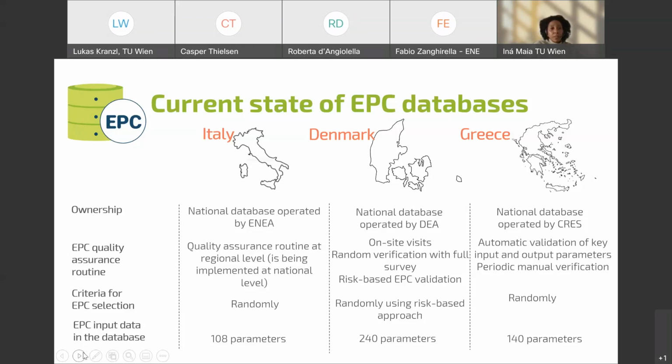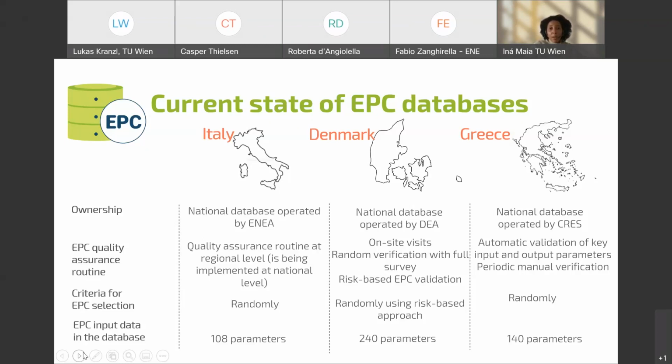Especially in Italy, for example, they have some routines of quality assurance already at the national level, and during the X-tendo project, we were then assisting the partners to implement some routines in their national database. In Denmark, as also Christian presented, there are inspection visits, some random verifications, and also, which is a very particular approach in Denmark, the risk-based EPC validation.